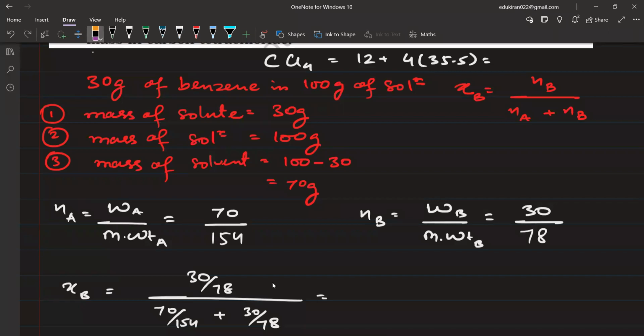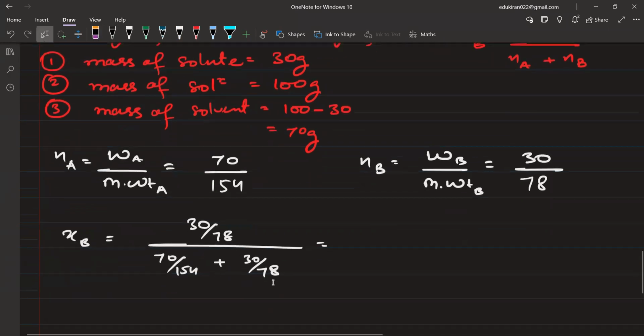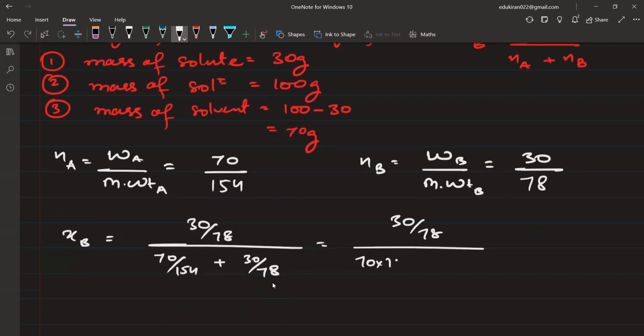Decimals में कर लें. Or let us see. 30/78 divided by 70 into 78 minus 30 into 154 divided by 154 into 78.